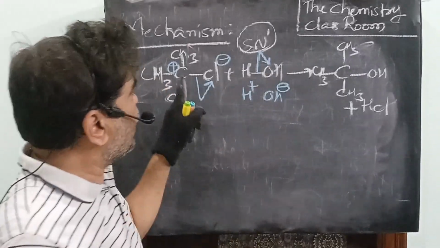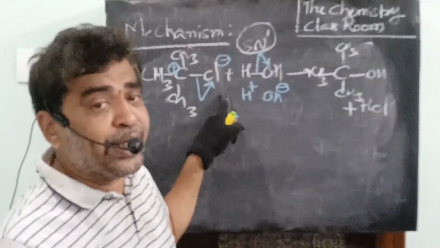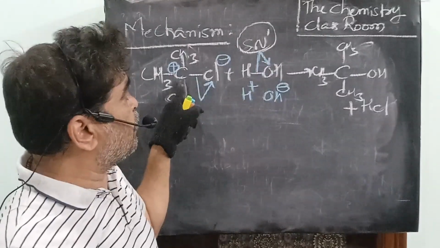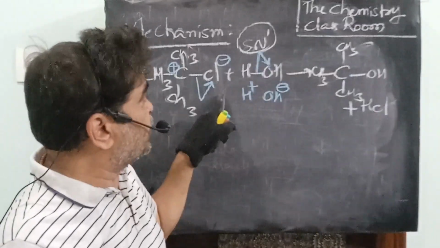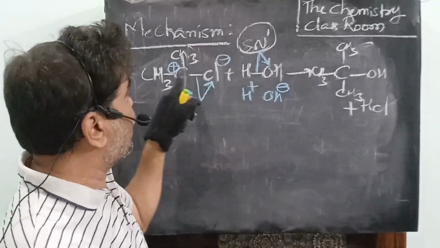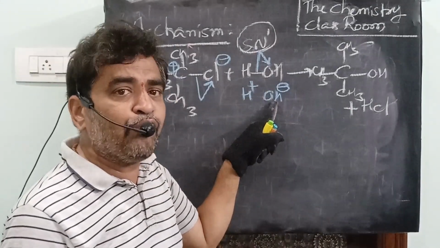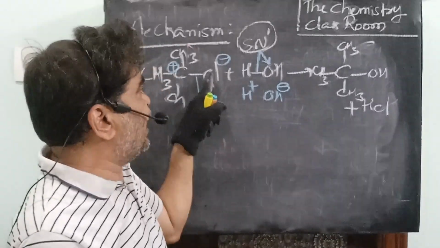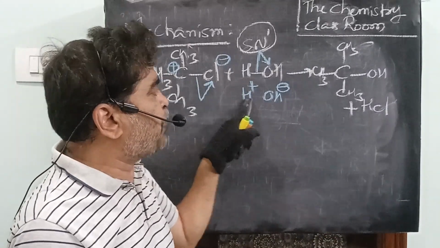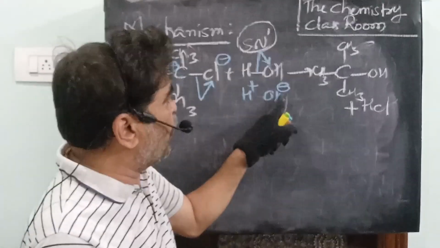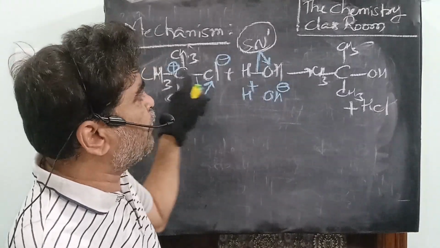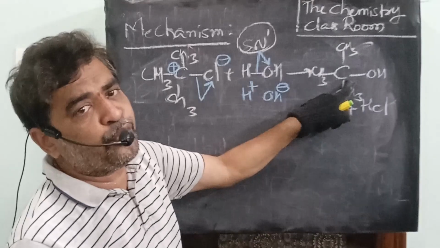So here the carbon and chlorine are heterolytically cleaved. In the water we have formed one nucleophile, OH minus. So Cl minus is eliminated with H plus as HCl, then OH minus is attached to the carbon, so automatically the compound is formed.